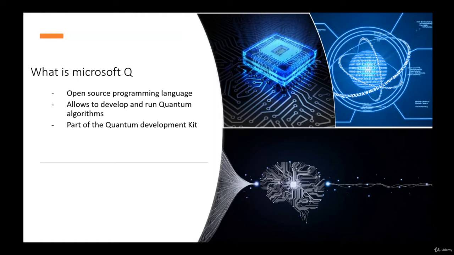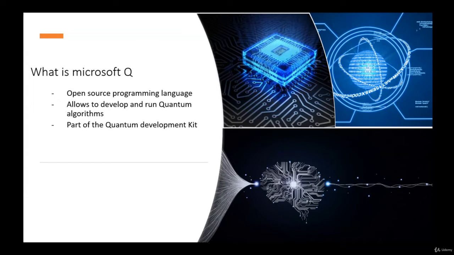So what exactly is Microsoft Q? Microsoft Q is an open source programming language, especially used to develop as well as run different quantum algorithms. This programming language is part of the QDK, the Quantum Development Kit.